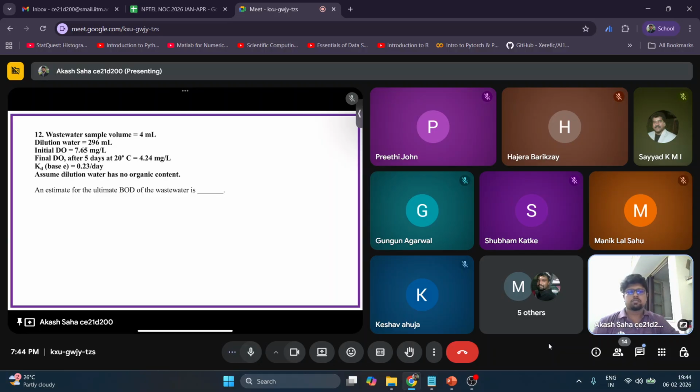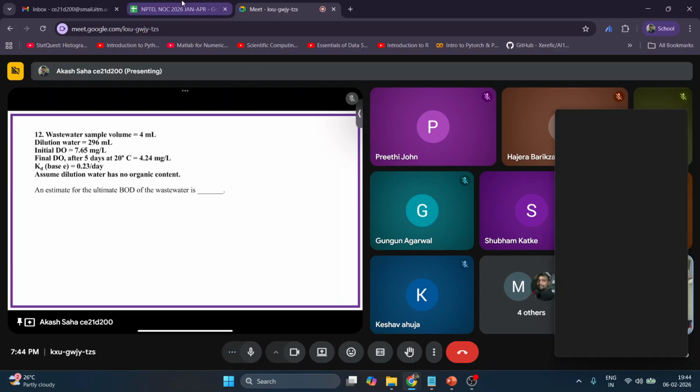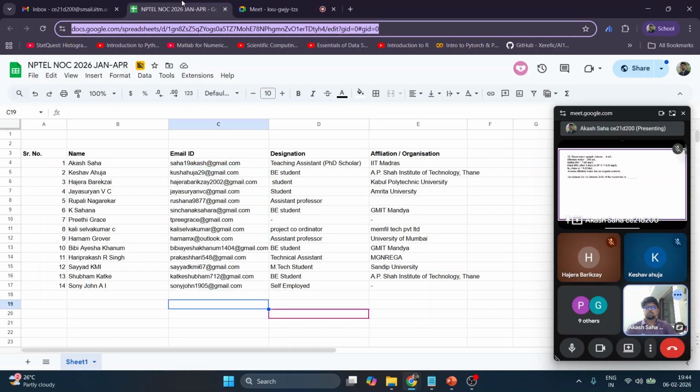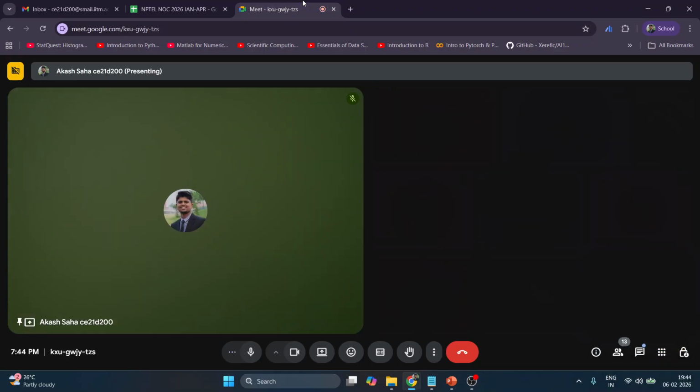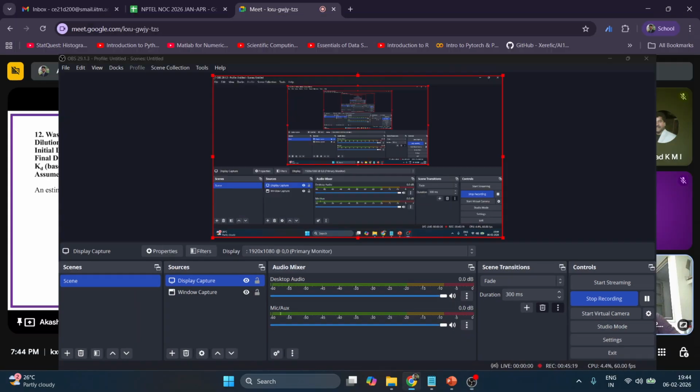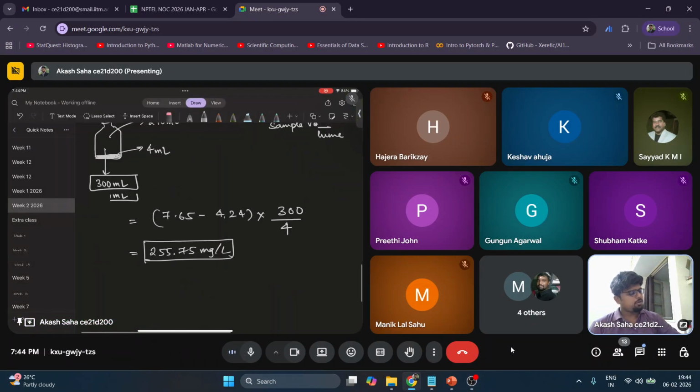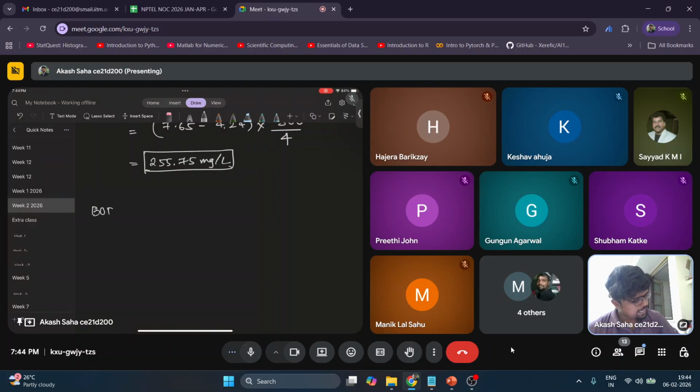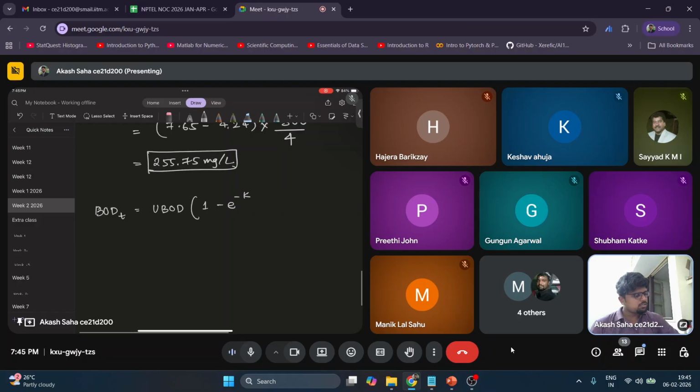What is the formula? The formula is: BOD at any time t equals the ultimate BOD times 1 minus e to the power minus k, where k is the reaction constant, times the time t.